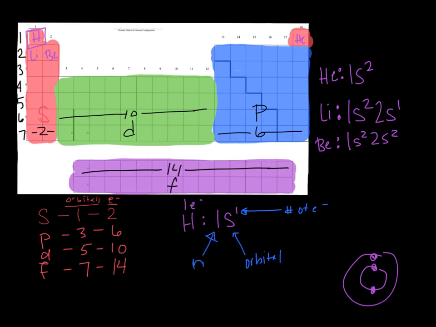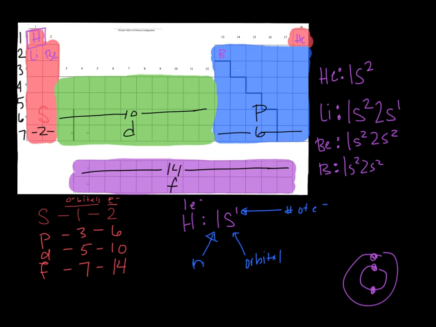All right, and so next we have boron. And so we have to start from the beginning again. So we have 1s2, 2s2, right? Then we have to cross over to here.